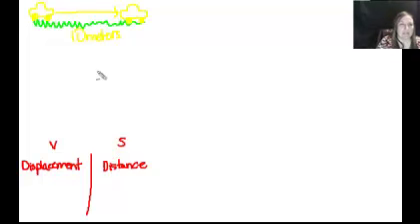Now, let's say we want to know how fast our object moved. So instead of the box, we want to know how fast the car traveled the distance of 10 meters.